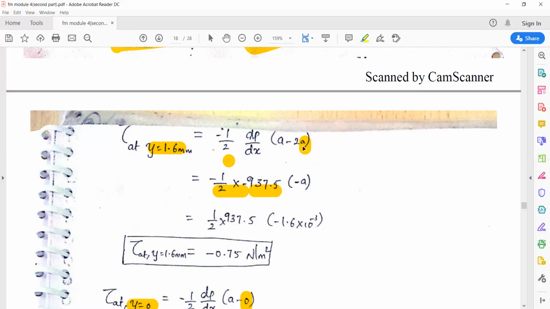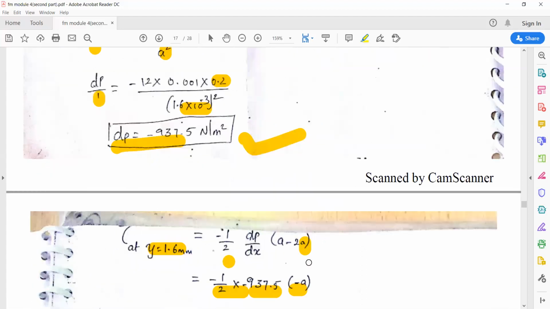Here a minus 2 into a, because 1.6 is the distance between two plates. So distance between two plates is denoted by a. That's why they have written 2A, right? 2A, A minus 2A is minus A. So later they have substituted that value. So the distance between two plates is minus 1.6 into 10 raised to minus 3, right? So tau at y is equal to 1.6 mm, they have got here is minus 0.7 Newton per meter square.